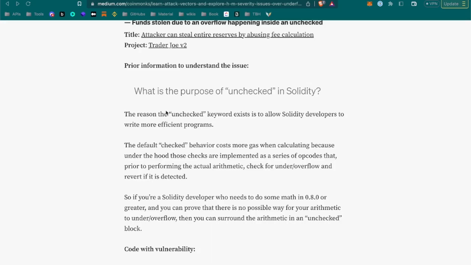So if you're a Solidity developer who needs to do some math in version 0.8.0 or greater of Solidity, and you can prove that there is no possible way for your arithmetic to underflow or overflow, then you can surround the arithmetic in an unchecked block.